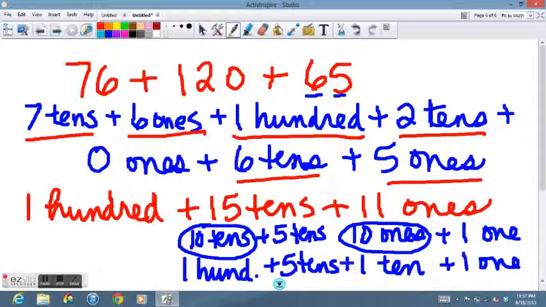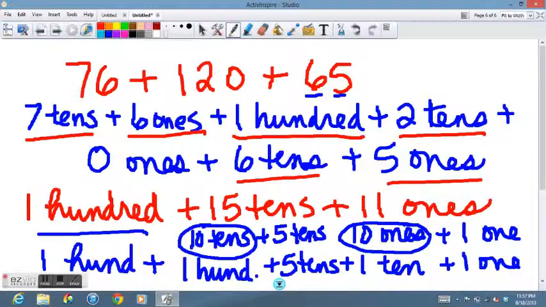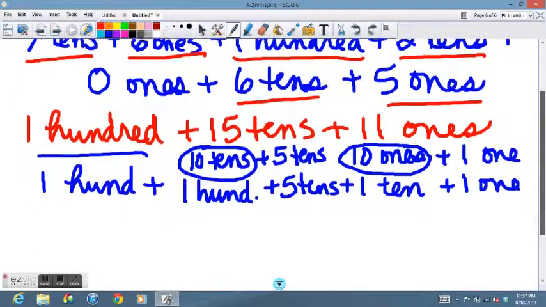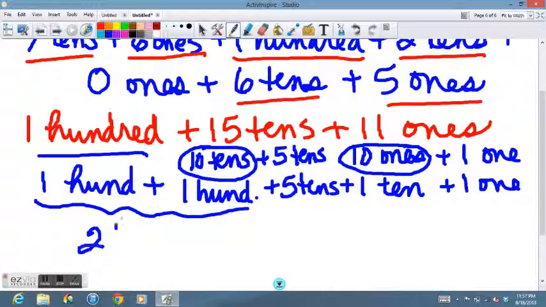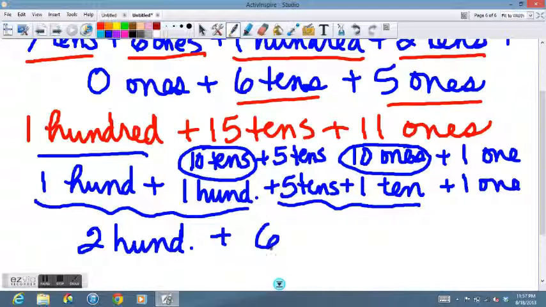Okay. And then we have this 100 that we already had right here. Alright, now, so what do we have? Well, we have 100 plus 100, that's 200. Okay, plus we have 5 tens plus 1 ten, that's 6 tens. And we have 1 one.